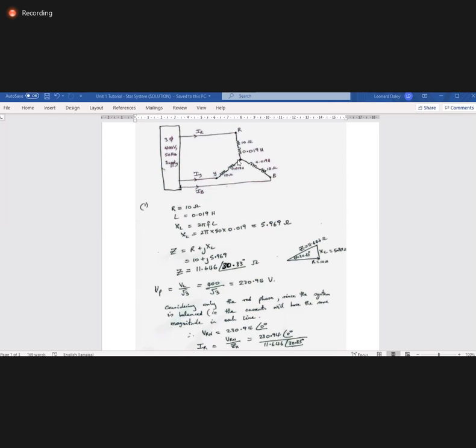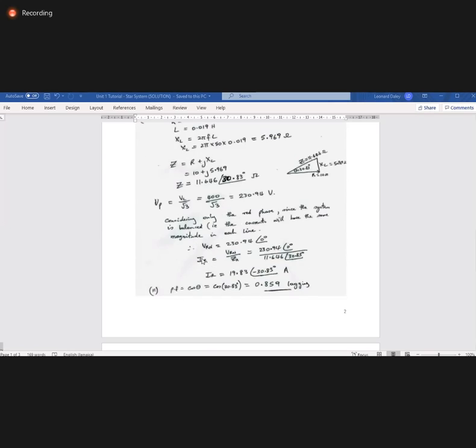So the current in the red phase is 19.83 at angle minus 30.83. The same magnitude will be in the other two lines. It's just that the angles are going to be 120 degrees ahead and behind this one.